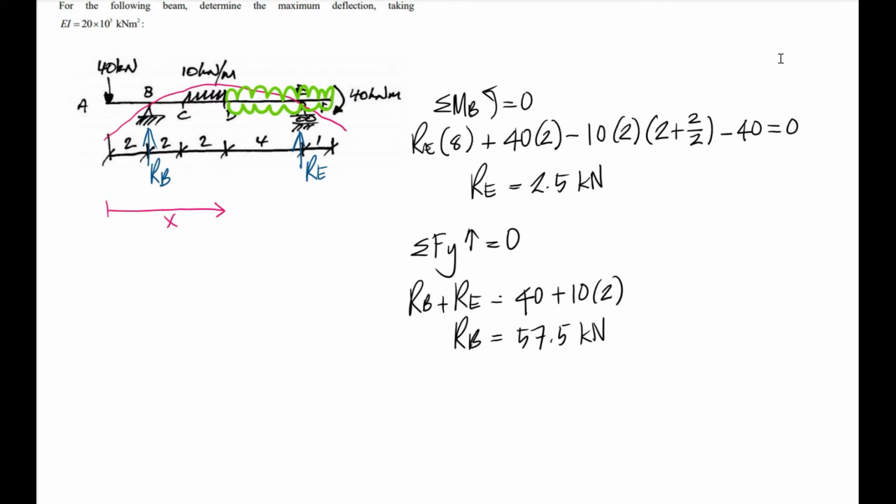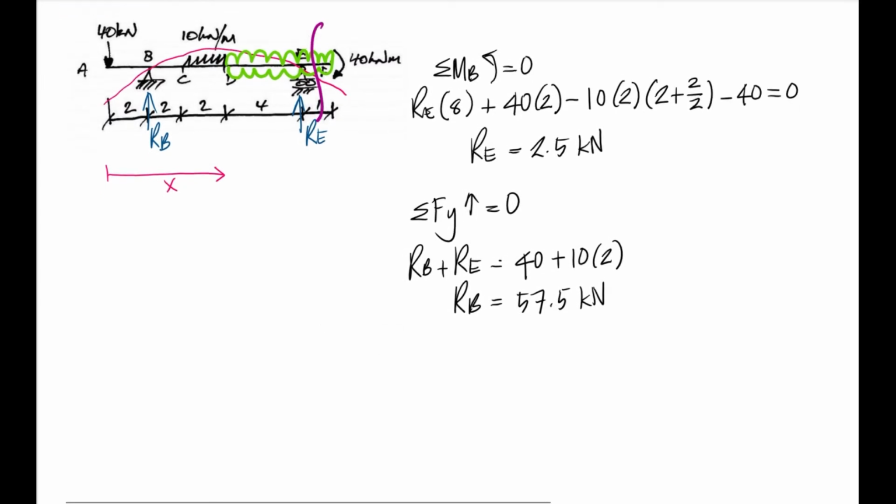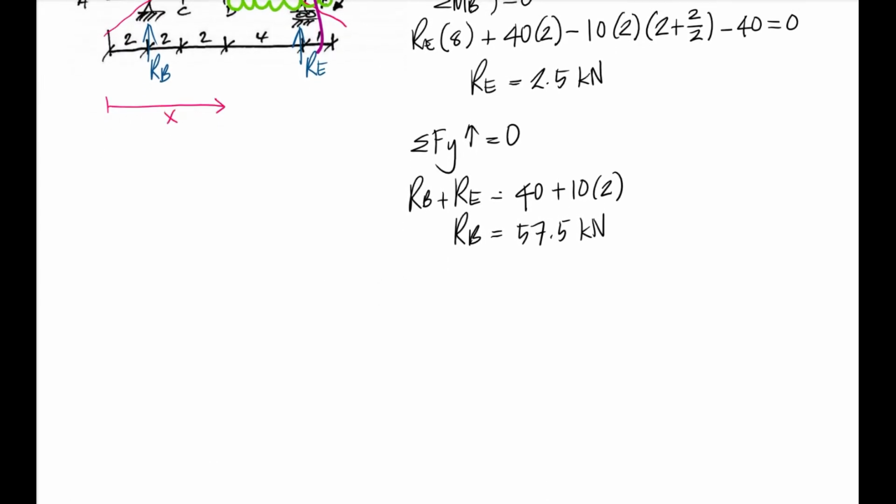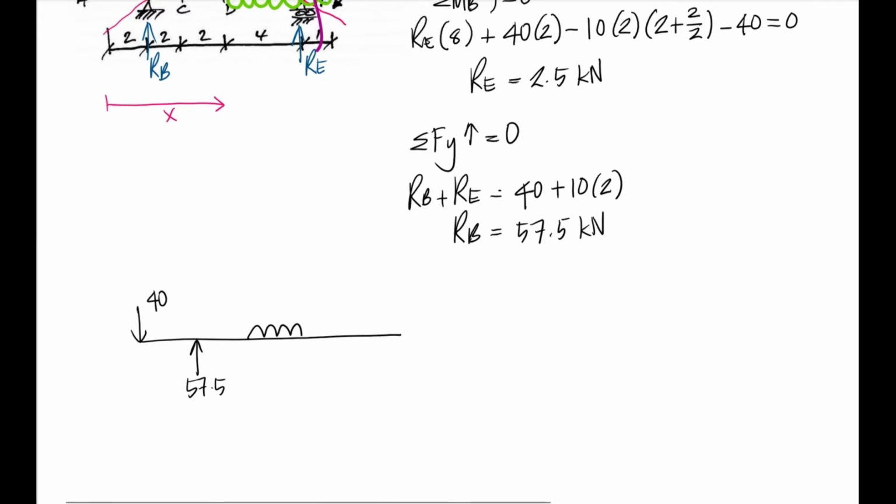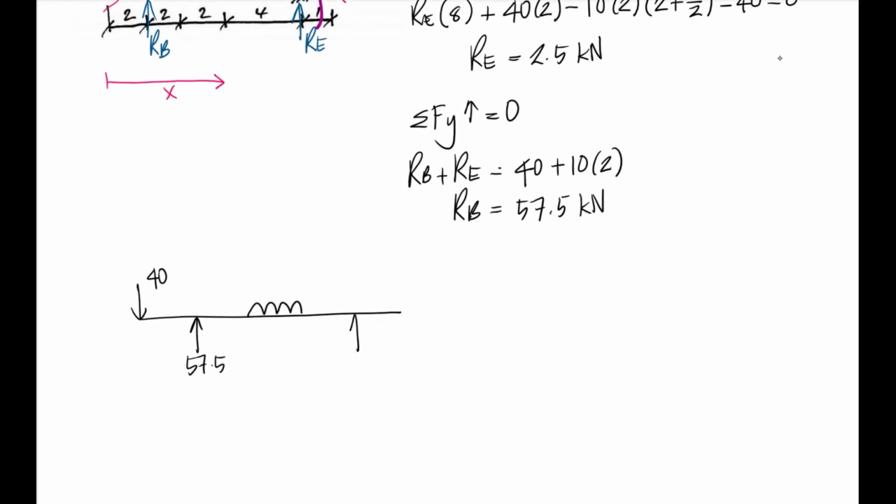I'll cut at the end of the span, then I draw the free body diagram. So 57.5, then you have 2.5.